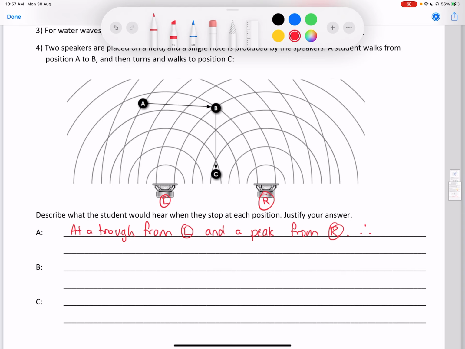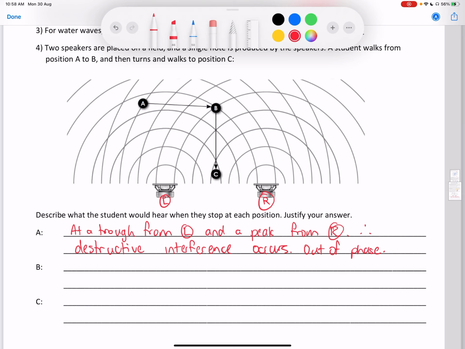Therefore, destructive interference. Peak and trough. We are out of phase, if we want to use a nice piece of physics language.